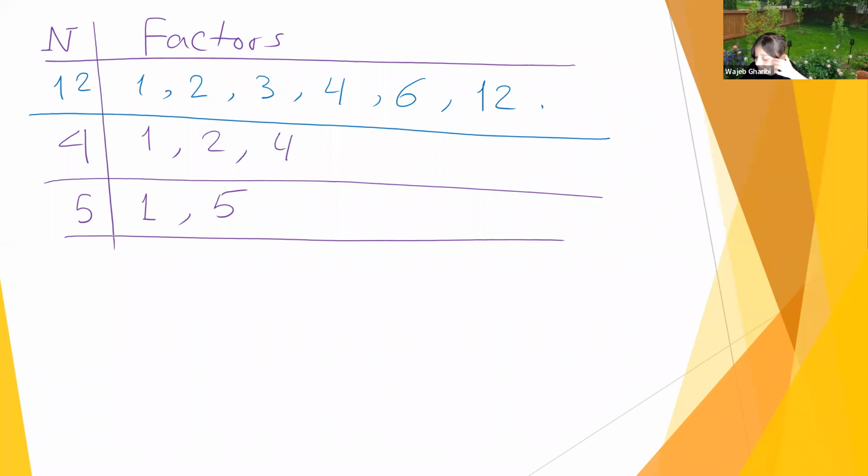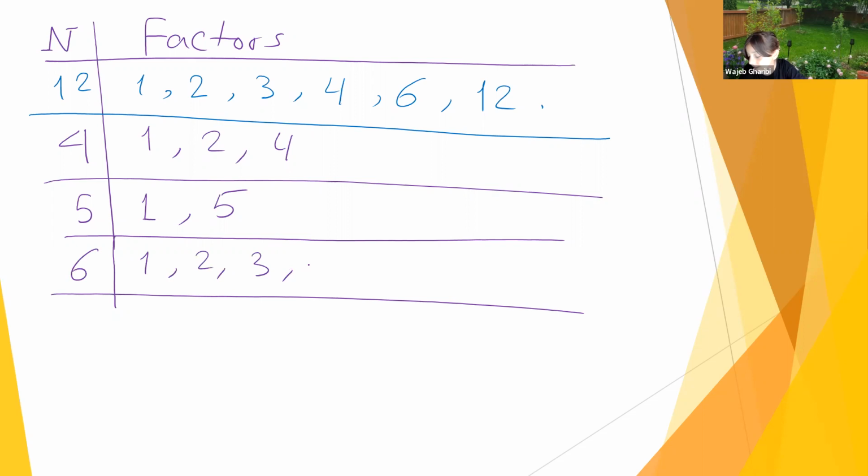Only 2 factors. How about 6? We already did it. 1, 2, 3, not 4, not 5, and 6.